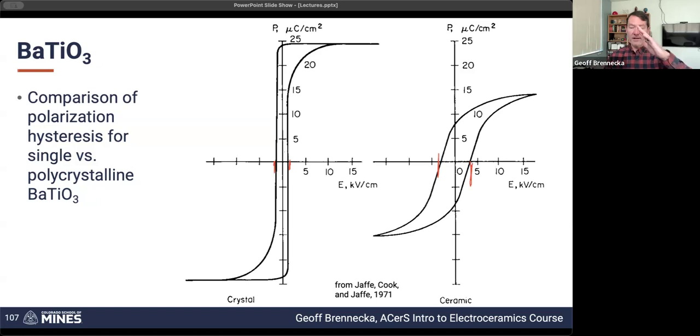So let's say the dipole is pointed in this direction. If we apply an electric field here, the dipole only sees a component of that electric field. So geometry comes back to haunt us yet again.